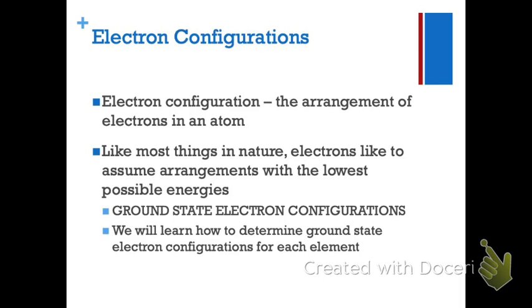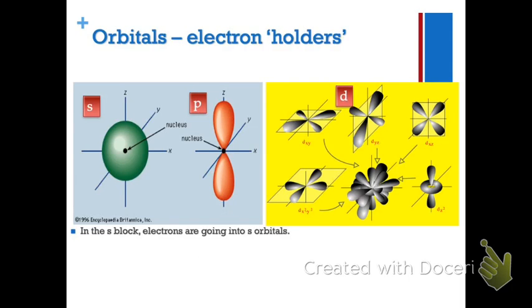As we start talking about electron configurations, I'm going to use this word a lot: orbitals. An electron orbital is basically a holder for electrons. It's like a pocket. Electron orbitals are where these electrons sit around an atom. They have a little imaginary containment line, and they are called orbitals.